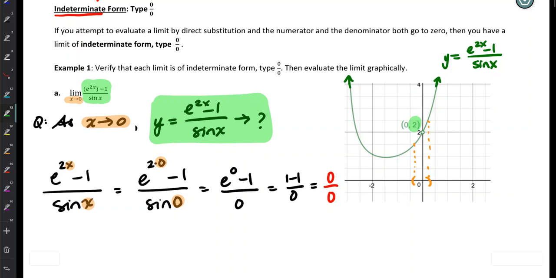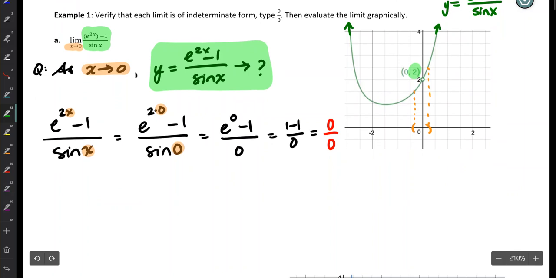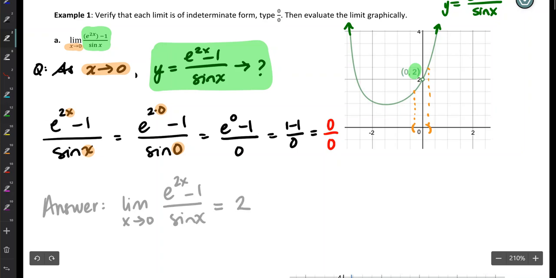But we don't have an analytic way to do it yet, but we will with L'Hopital's rule. So here's our answer. Maybe we'll just practice writing the limit notation again. Equals 2. All right, let's do another one.